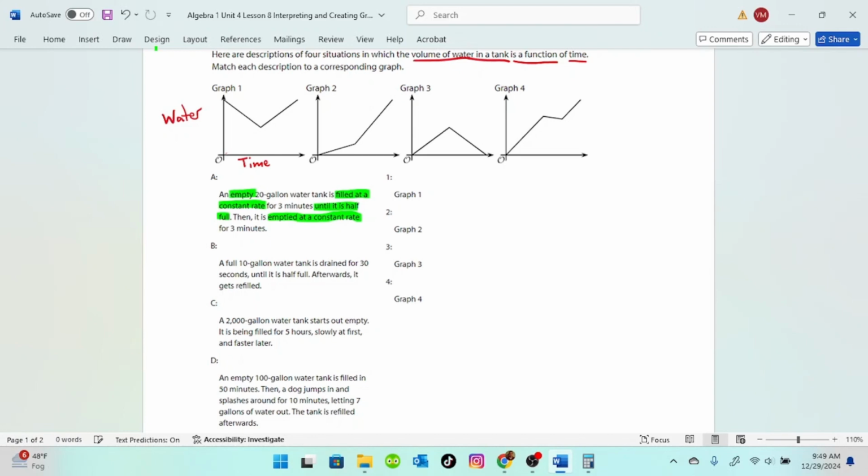I need to fill at a constant rate until it is half full. Then I need to empty it. Well, that is what I see when I look at this picture on graph 3. I see it start empty, fill halfway, and then empty back out. So that means A matches graph 3.